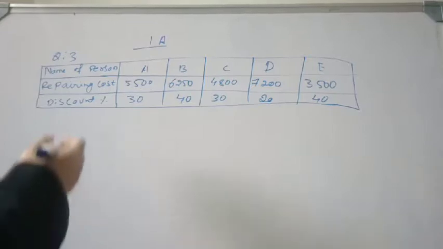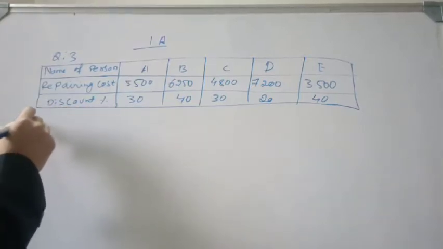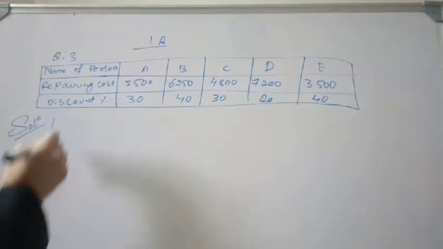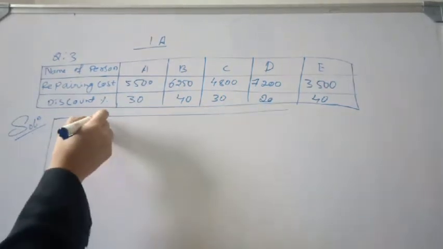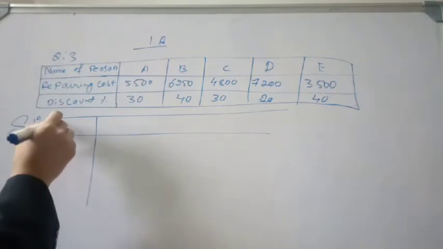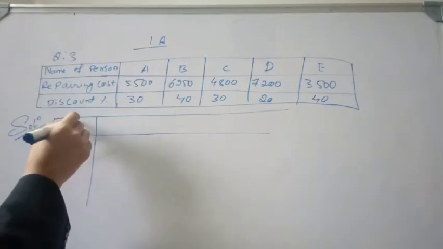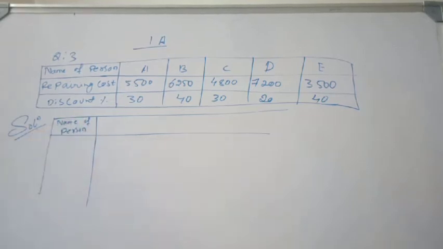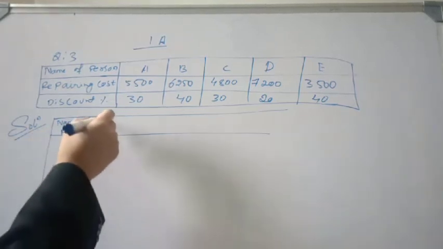So 1A, question number 3. The names of persons are A, B, C, D and E. The repairing cost for A is 5,500, for B 6,250, for C 4,800, for D 7,200 and for E 3,500. So let's start.